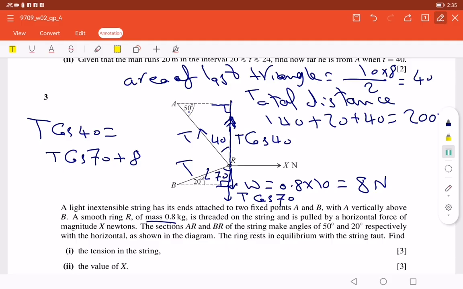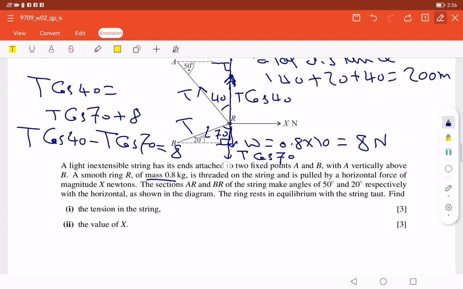Now we can take T cosine 70 from right to left with the negative sign. So the equation will be T cosine 40 minus T cosine 70 equals 8.